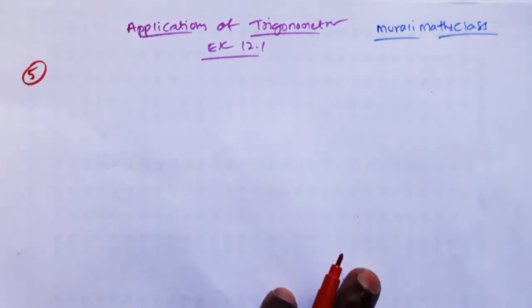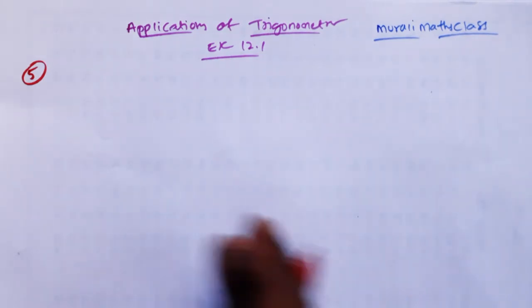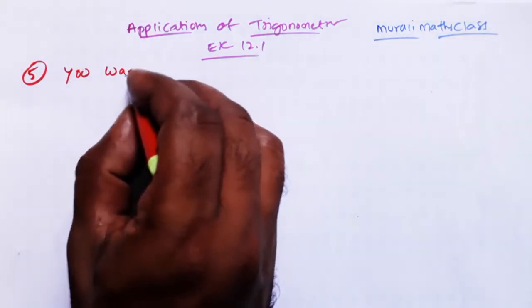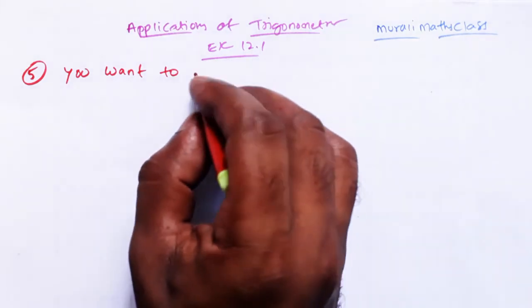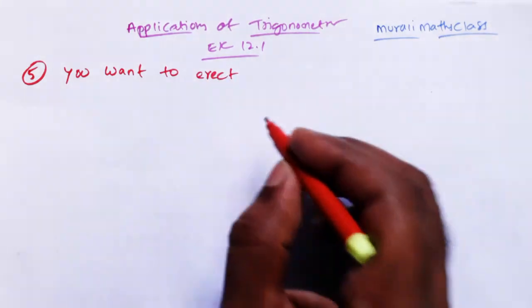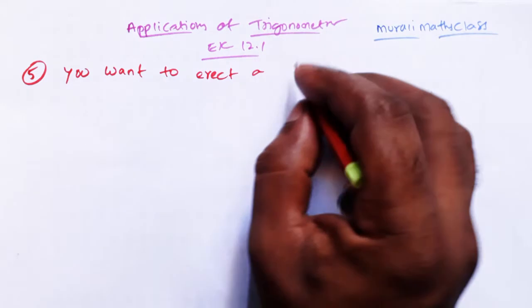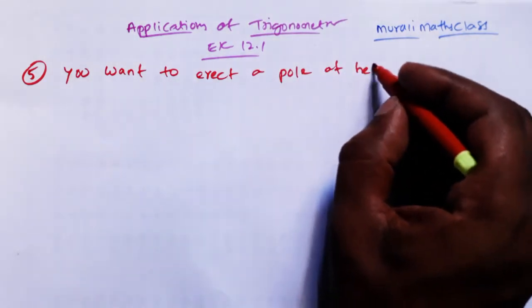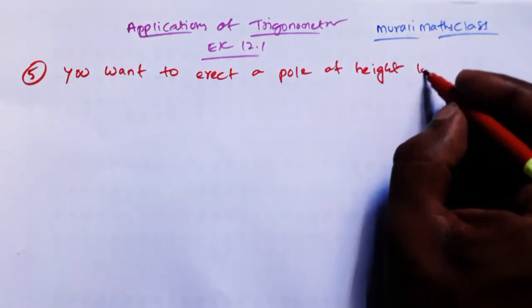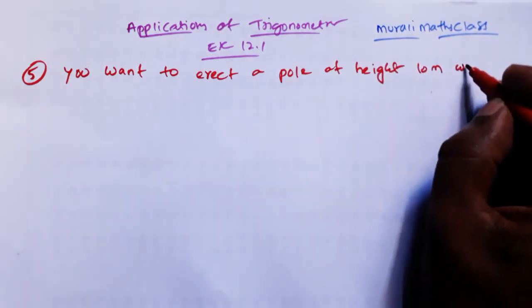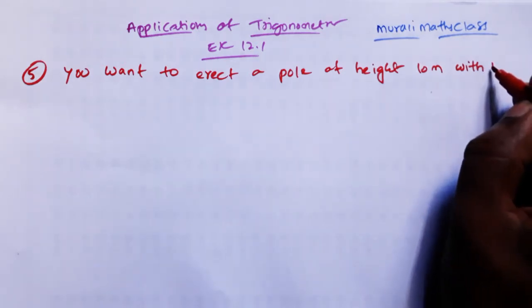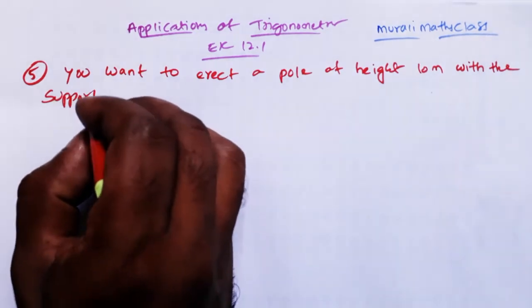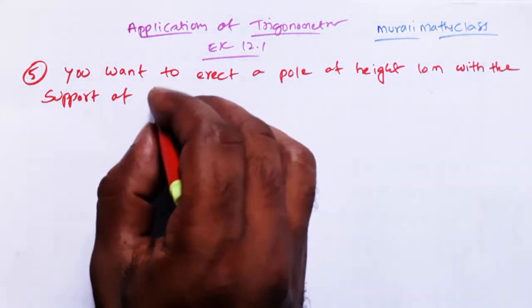Okay. So first we'll write the problem. You want to erect a pole of height 10 meters with the support of three ropes.